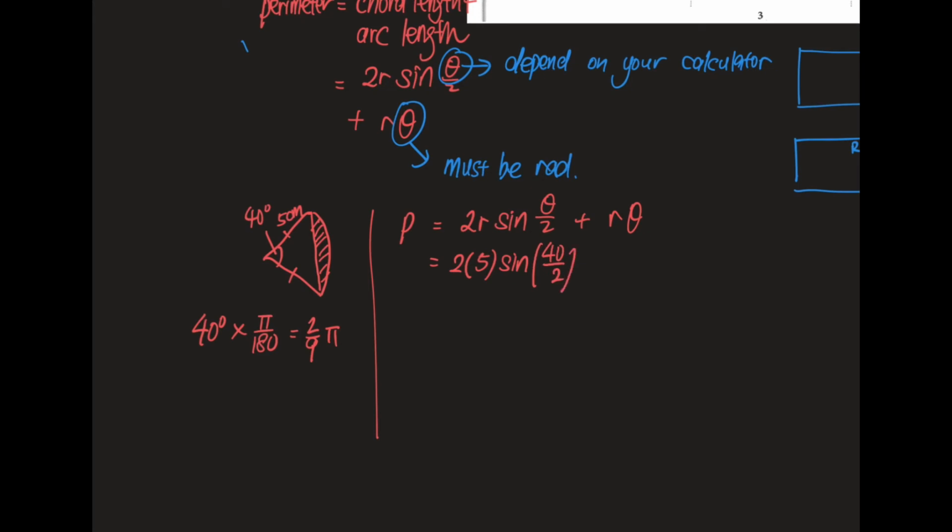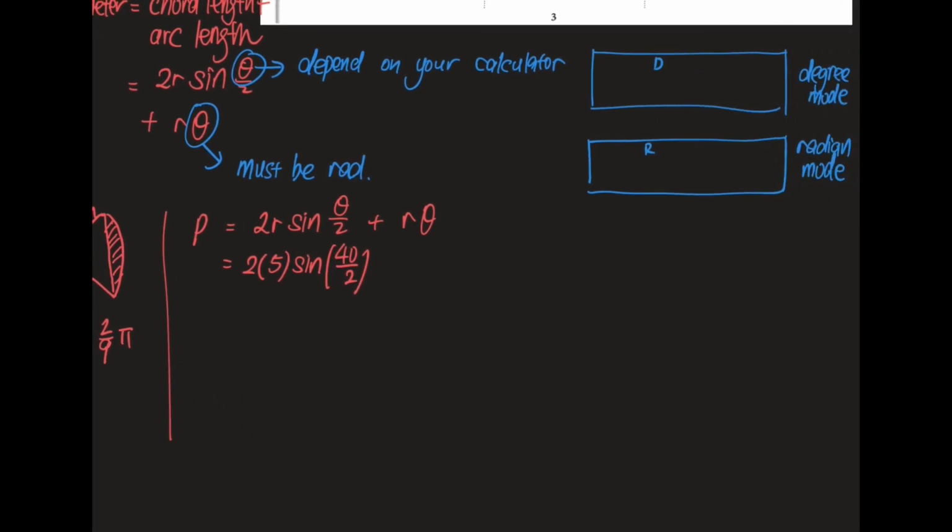If your calculator is in radian mode, then here you substitute 2 over 9 pi. It depends on your setting. Let's say now your calculator is in degree mode.